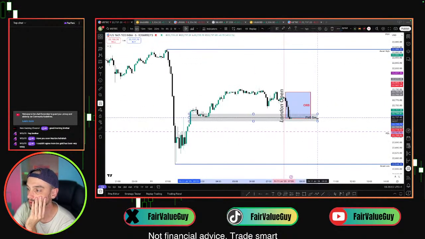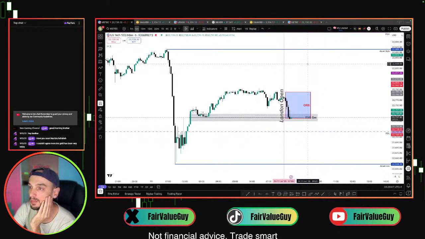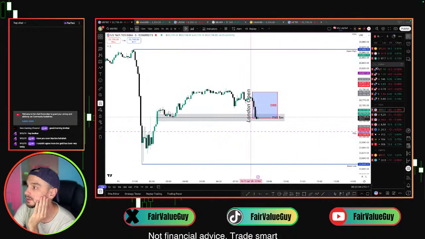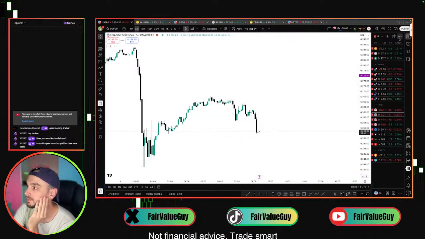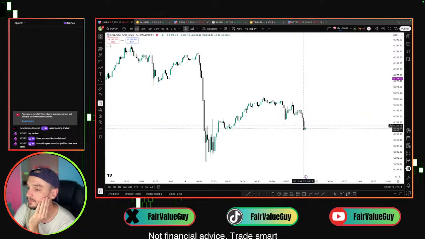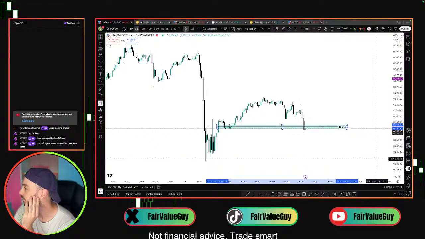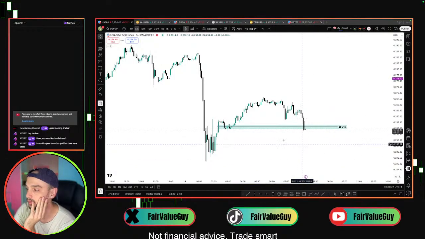Can we invert this gap here? This is the question. Yes, it looks better for sales, because we already inverted this gap. And it's an inverted fair value gap now, and we just did a retest on it.